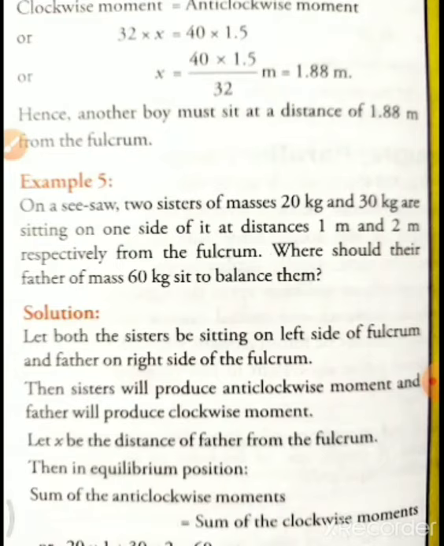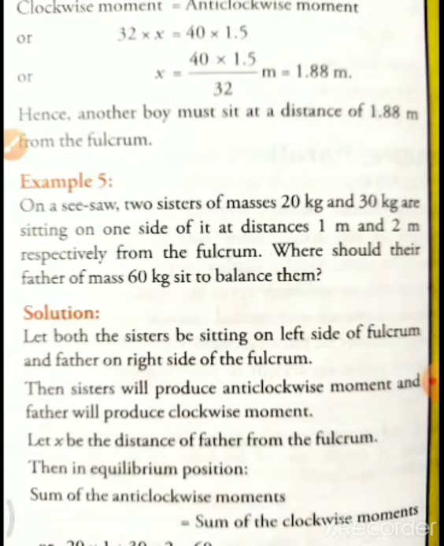On a seesaw, two sisters of masses 20 kg and 30 kg are sitting on one side of it at distances 1 meter and 2 meter respectively from the fulcrum. Where should their father of mass 60 kg sit to balance them? Here another weight, another force, is coming.